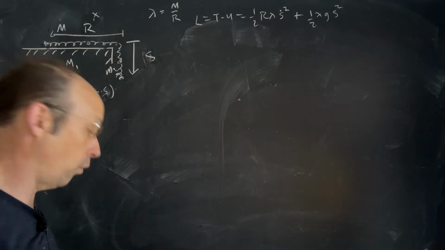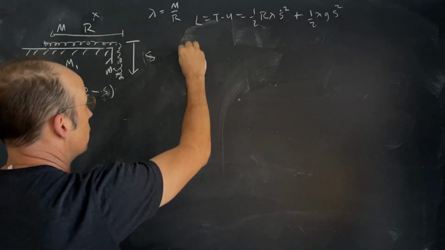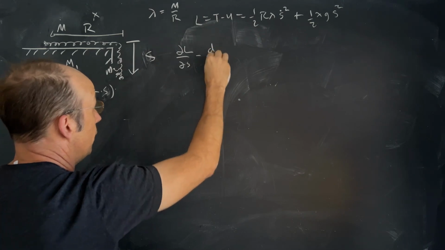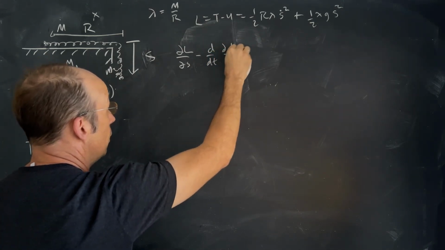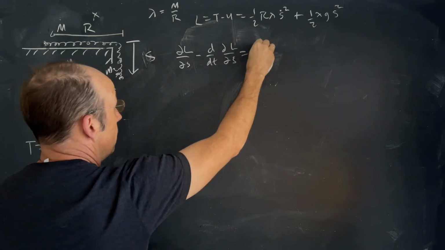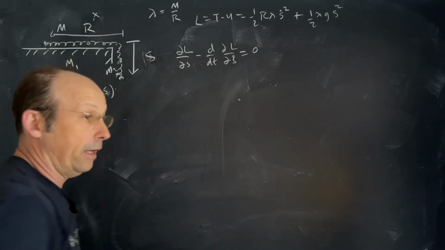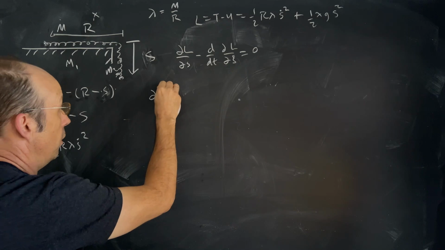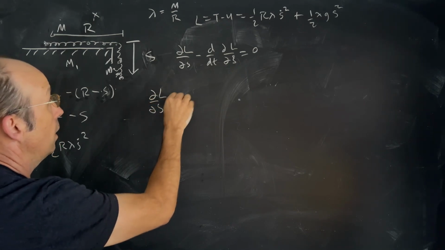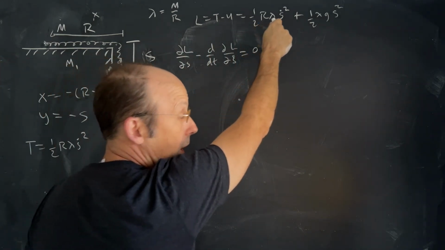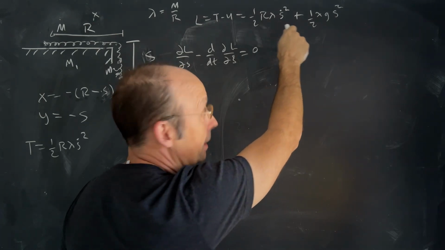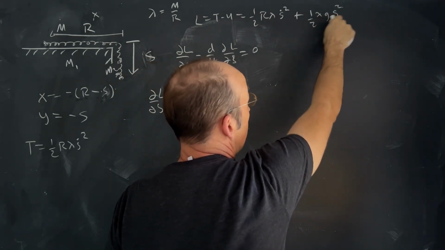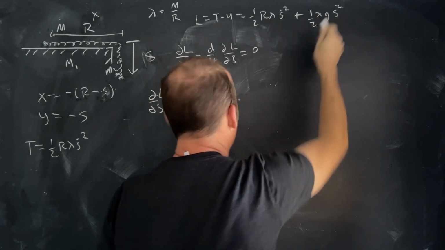I can use the Euler-Lagrange equation, which says the partial of L with respect to s minus the time derivative of the partial of L with respect to s dot is equal to 0. Okay, so let's just do it. Let's start with the partial of L with respect to s. I'm looking for s's. That's an s dot, doesn't count. There's an s. So I have to take the partial of this with respect to s. The 2 comes down, I get lambda g s.